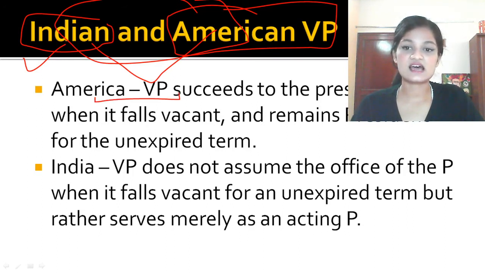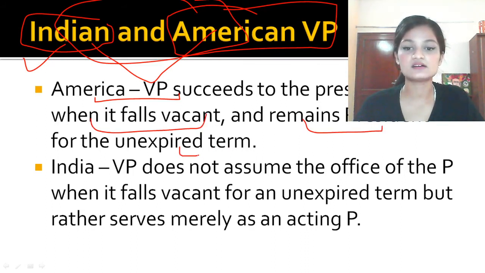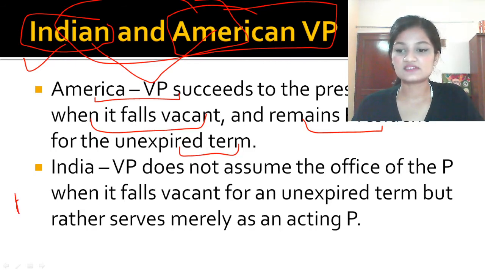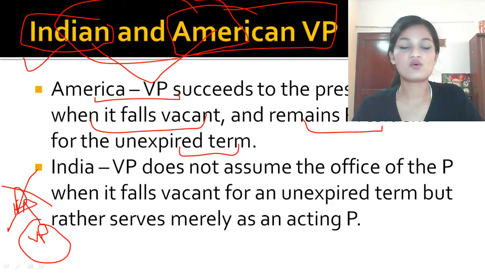The difference is that the American vice president succeeds to presidency when it falls vacant and remains president for an unexpired term. So in America, what happens is that if this is the president and this is the vice president, and let's say the president's office falls vacant, the vice president will immediately take over for an unexpired term.